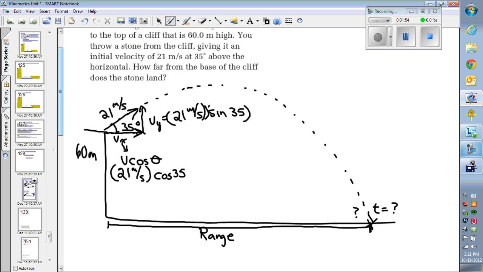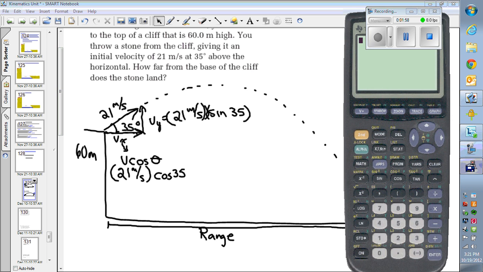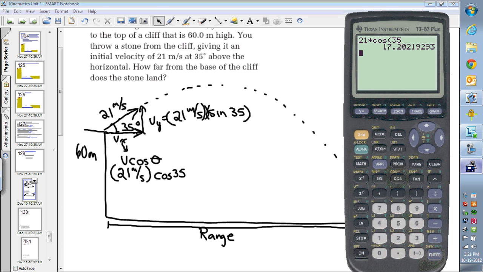So when we plug those into our calculator, 21 times cos 35 gives us 17.2 meters per second.